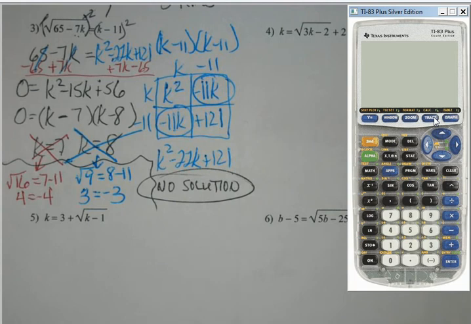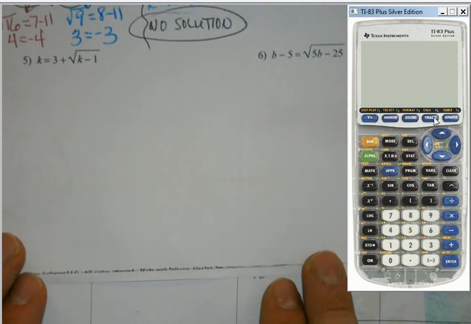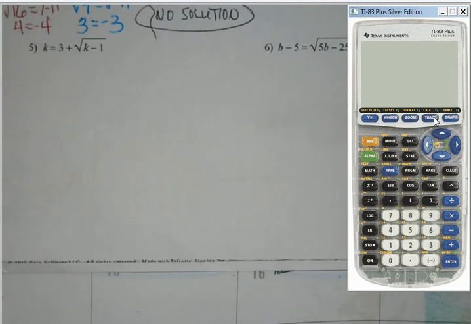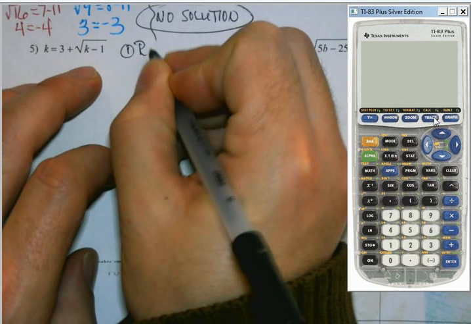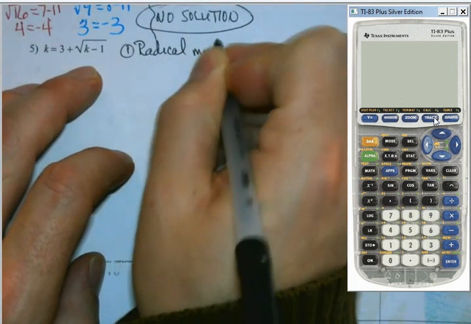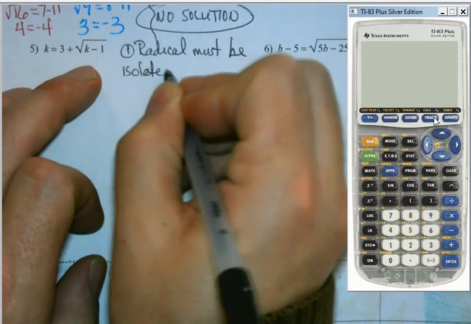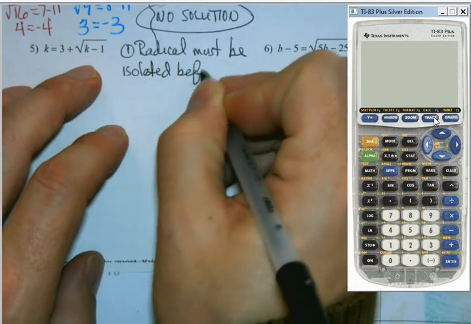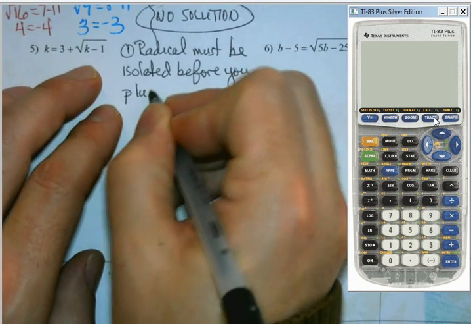Now, one other interesting thing to be cautious of. I guess I'll just keep working my way down here, and then we'll work over. Here's the one other thing that you have to watch for. Your radical must be isolated before you plug it in the calculator.